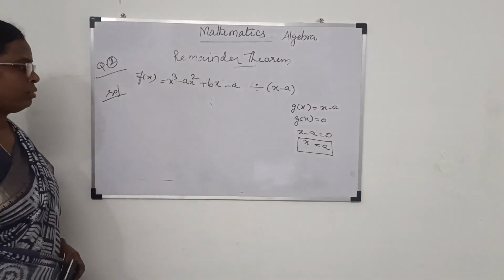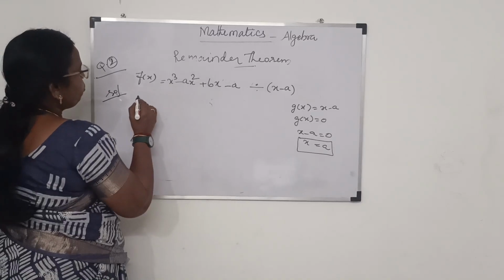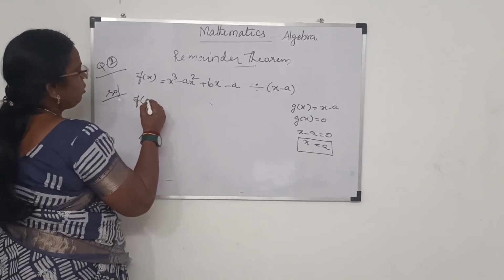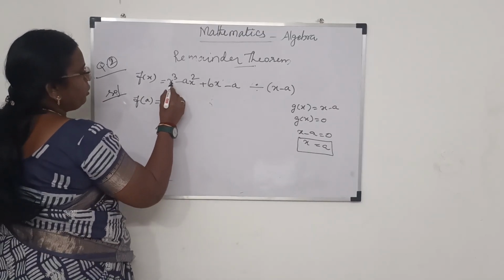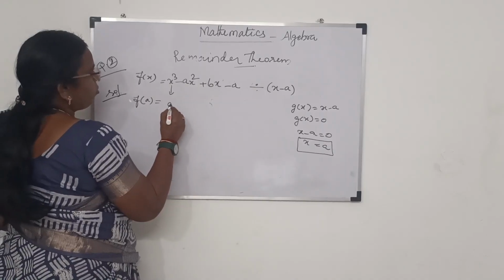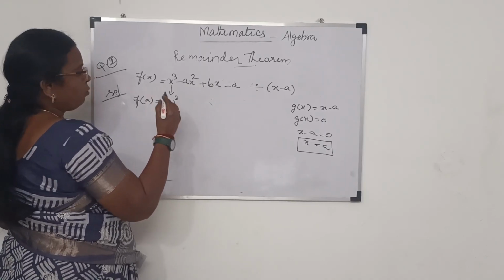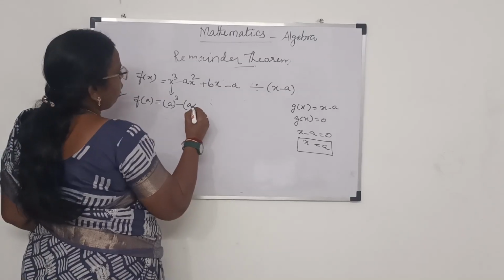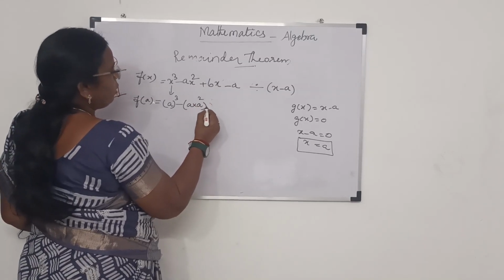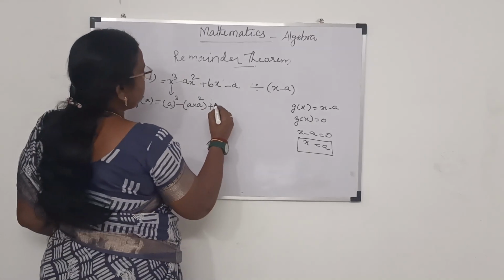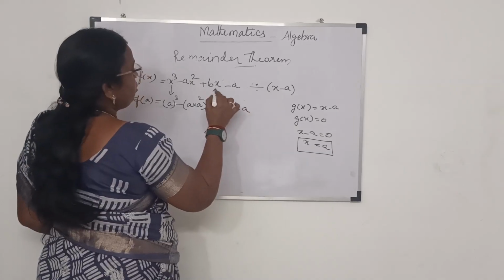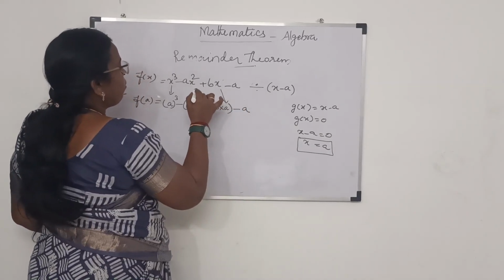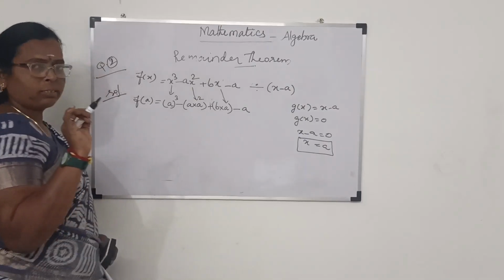It will be changed as plus. So just substitute the a value wherever the x is here. Instead of this x, we have to substitute: a cube minus a into a square plus 6 into a minus a. I have substituted wherever this x occurs.